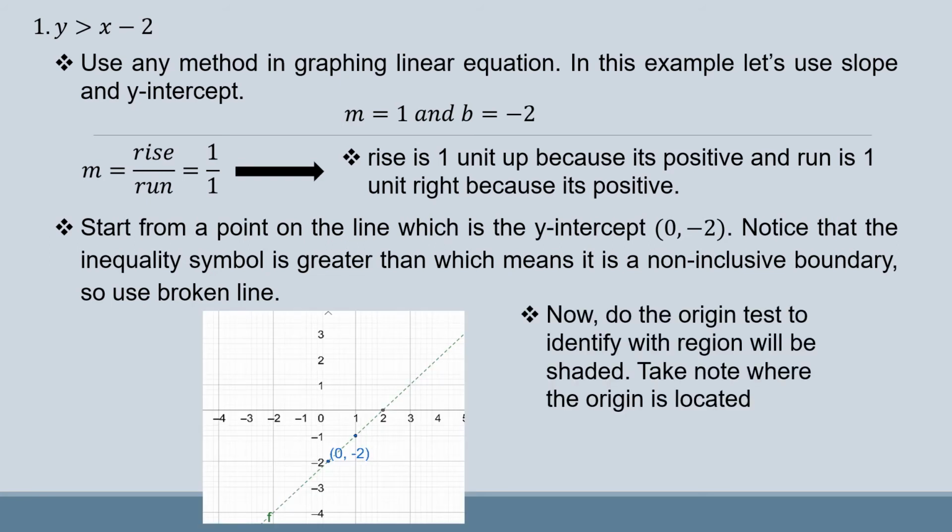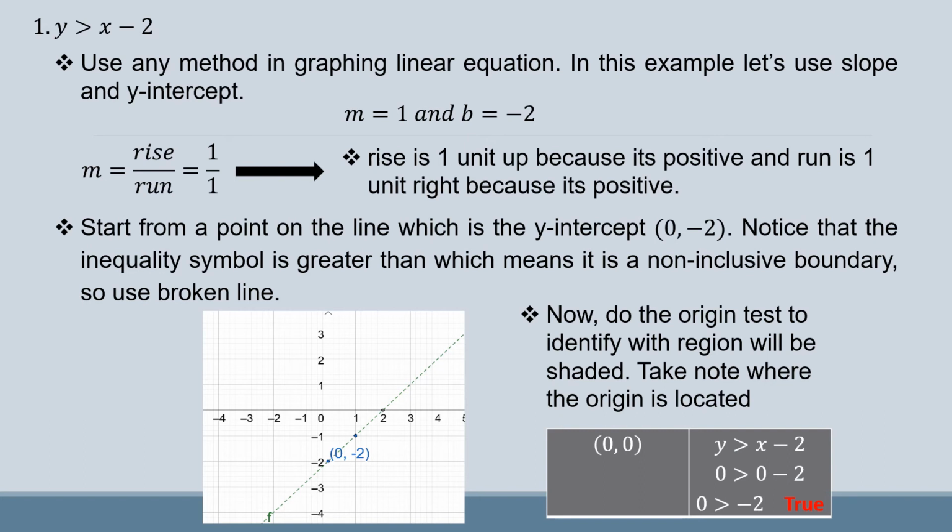Now, do the origin test to identify which region will be shaded. Take note where the origin is located. Substitute the values of x and y. We have the answer of 0 is greater than -2. The answer is true because 0 is greater than any negative number.